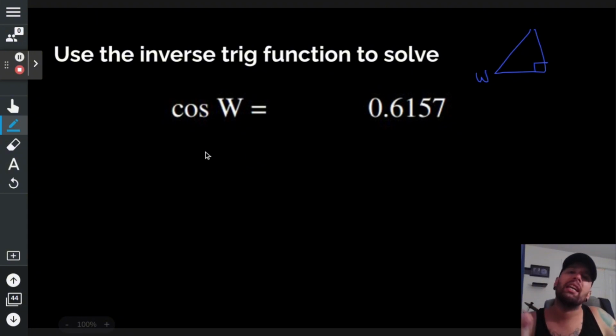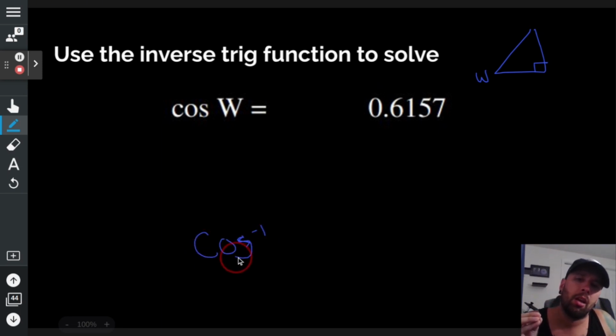In this case, the inverse cosine. Some teachers call it the arc cosine. There's also an arc sine, an arc tangent, or an inverse sine and an inverse tangent.